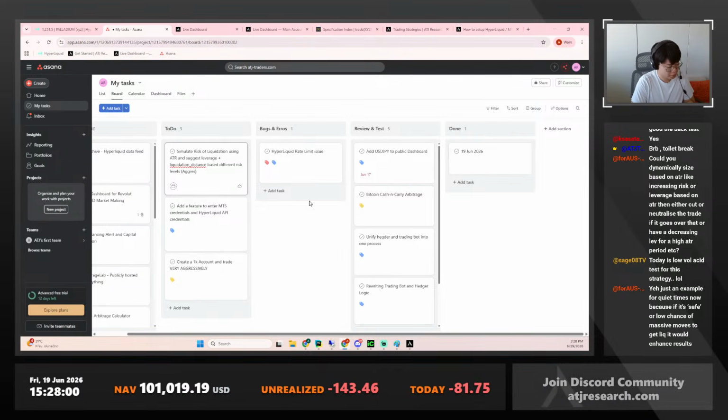Which could be aggressive, moderate, and low.